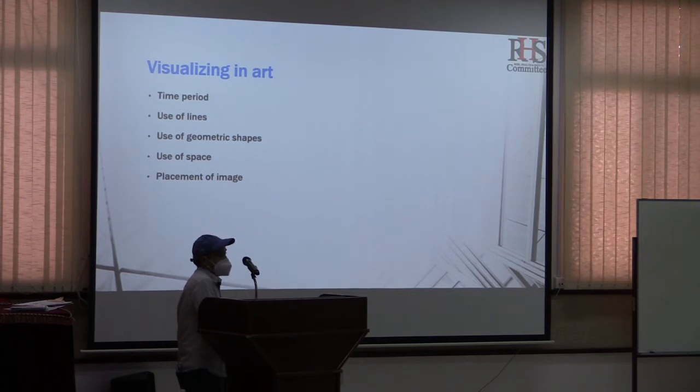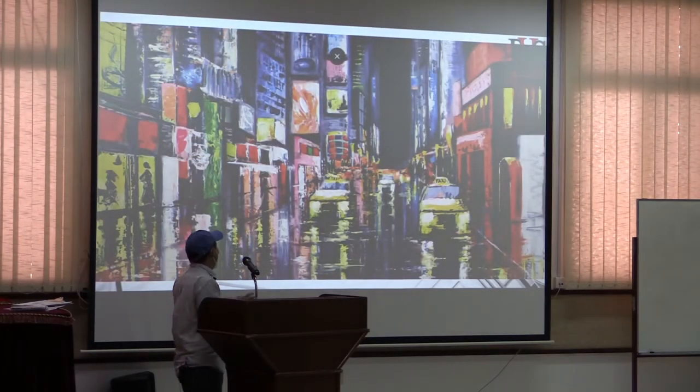The visualization technique that I am talking about originated in the arts. So, for example, in this particular painting, if we are talking about the time period, the use of lines, the geometric shapes, space, and placement of the image, you can clearly see what we are talking about.